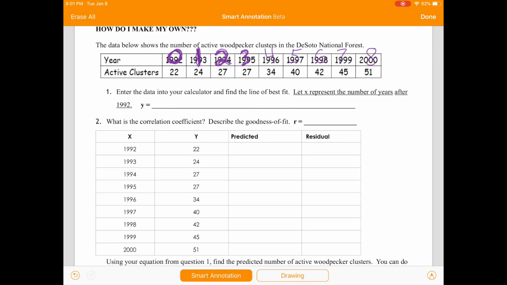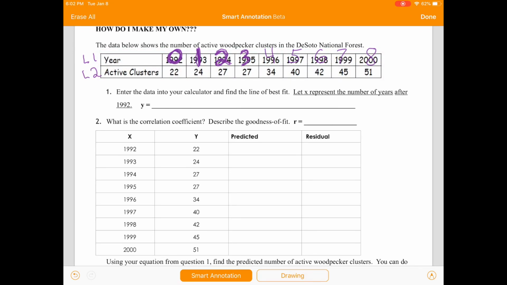Once it says done, it is on, so you can also find your correlation coefficient while you're finding your line of best fit. Once you turn your diagnostics on, you're going to go to Stat Edit and type in the values that we just did. Your years are going to go under your L1, and your active clusters are going to go under L2.